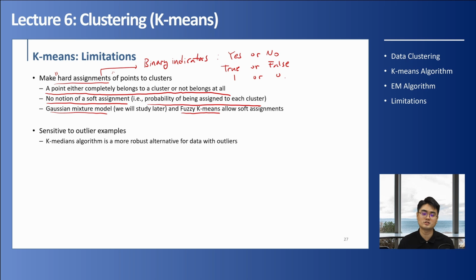Also, one limitation of k-means clustering is that it is sensitive to outlier examples. To overcome this problem, we can use k-medians clustering, not k-means, the k-medians algorithm. This could provide more robust clustering results when we have data with outliers.